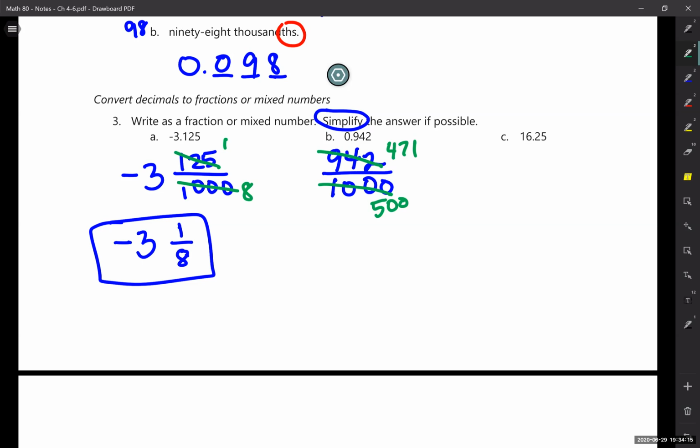And there's more stuff that goes into 471. I could use my divisibility rules to see that 3 goes into it. However, there's not much that goes into 500. 500 is just made up of a bunch of 5s and 2s. And so since neither 5 nor 2 go into 471, we are at our final answer already.